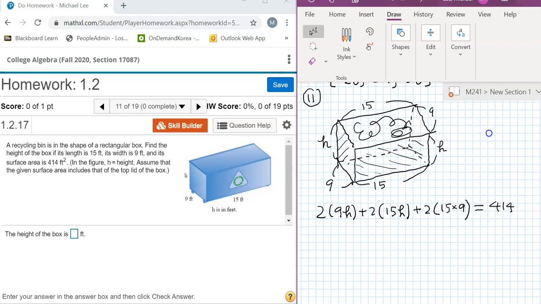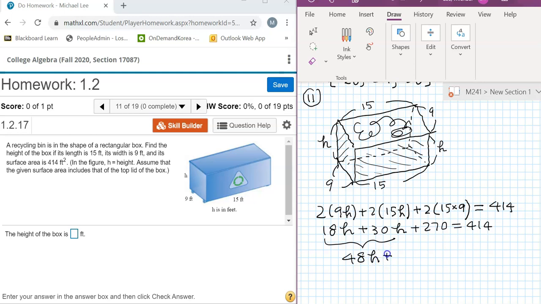Okay, so now I have 18h plus 30h plus, what is that? 30 times 9 is 270, equal to 414. So if you add these like terms, 48h plus 270 is 414.